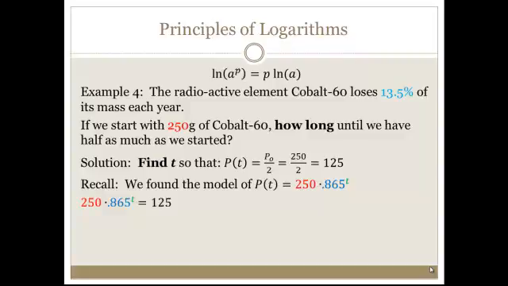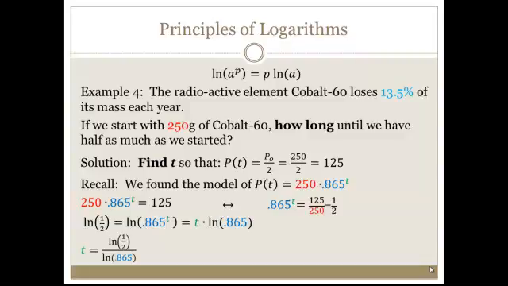So we want to solve 250 times 0.865 to the T equals 125. We start by dividing both sides by 250. So 0.865 to the T equals 1/2. Then, to get at our exponent T, we'll take the natural log of both sides, to get that the natural log of 1/2 equals the natural log of 0.865 to the T. Using our property, this simplifies to T times the natural log of 0.865.